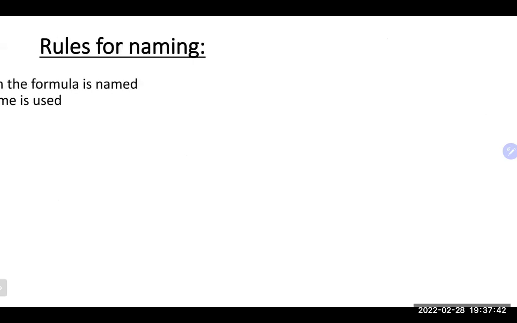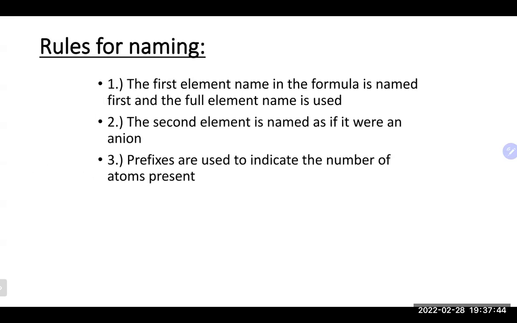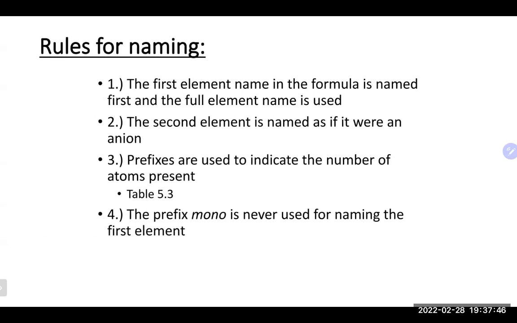So let's talk about those rules. Basically, the first element comes first, and we use the entire name, and the second element gets the IDE at the end of it.